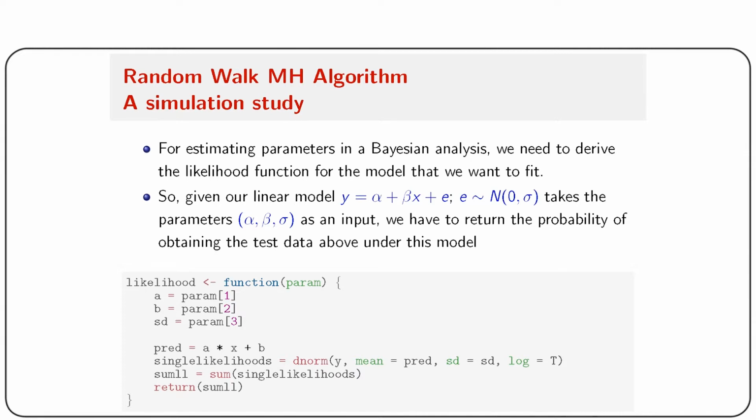Say A equals param 1, B equals param 2 and SD equals param 3, and the prediction is pred equals A times X plus B, and the single likelihood is dnorm of Y with mean equals pred, SD equals SD and log equals TRUE. The log likelihood will return, and then the sum of the log likelihood is this, and the return value is the sum of this expression, and that will give you the likelihood value.